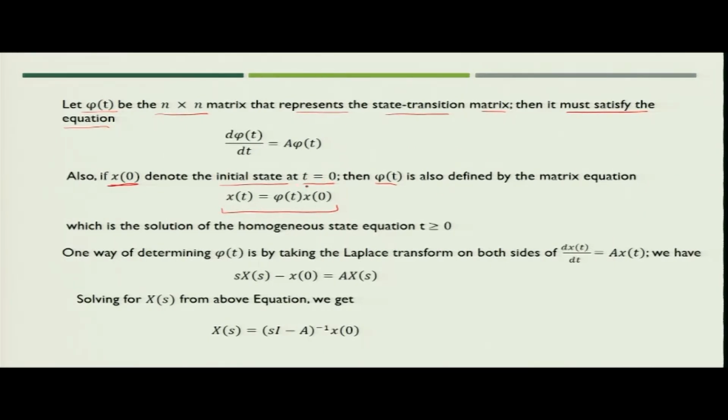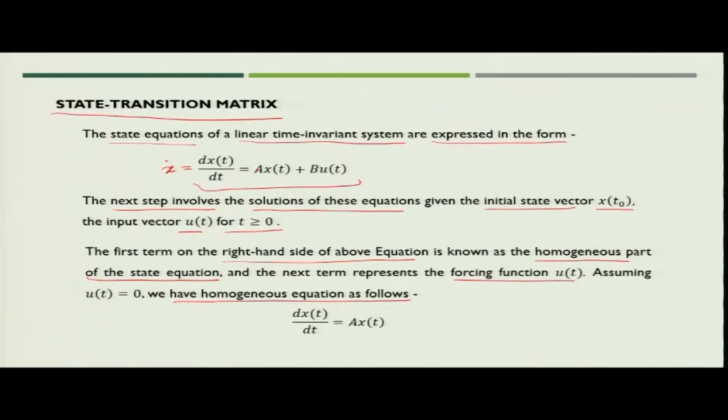This equation, x(t) equal to phi(t) into x0, is the solution of the homogeneous state equation. Now, we need to find the value of phi(t) in terms of the other parameters which we have, like A, B and x.